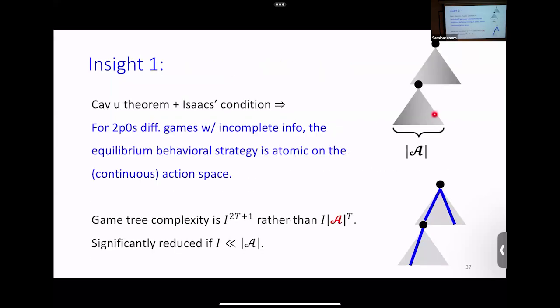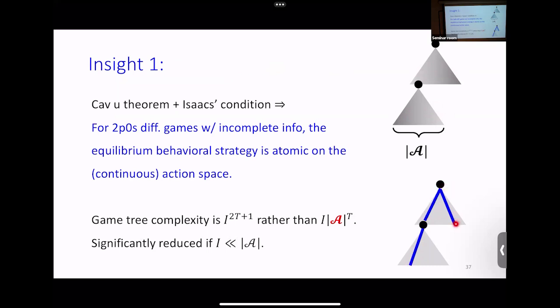In the end, you don't need to search for distributions over continuous action spaces as your behavioral strategy. Instead, you're gonna have either a case where you split to at most I actions, or if your value is already convex, then you're gonna have a deterministic action, just a pure action to take.